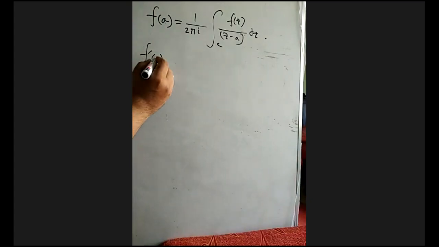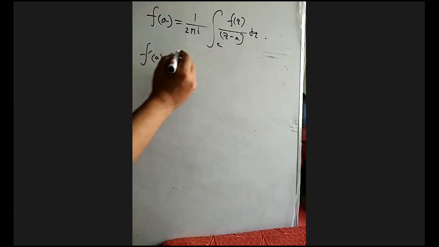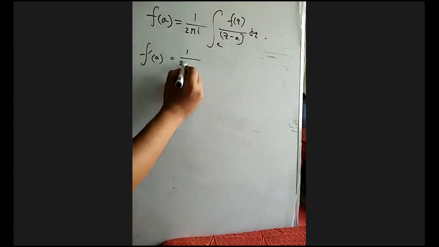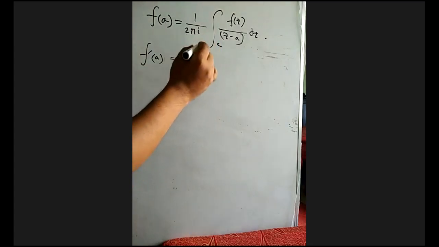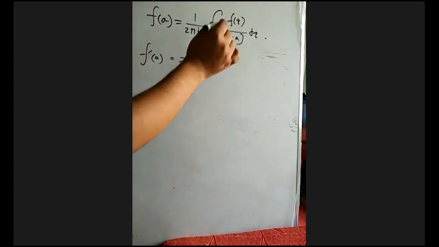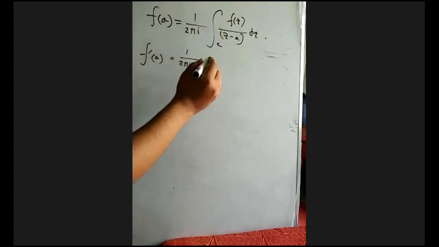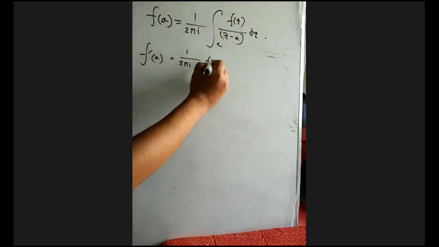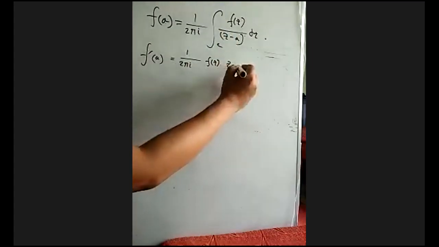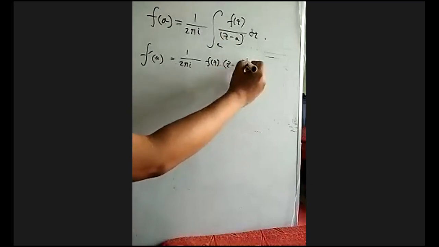Remember, with respect to a, this can be written as 1 divided by 2 pi i, and this will be the integration of 1 by z minus a. f of z will be treated as constant. So z minus a can be written like this.